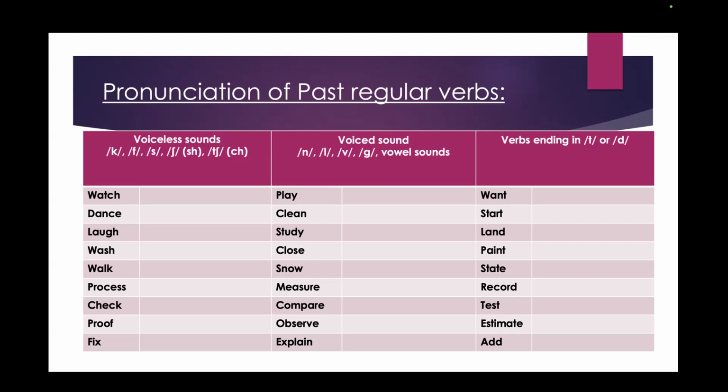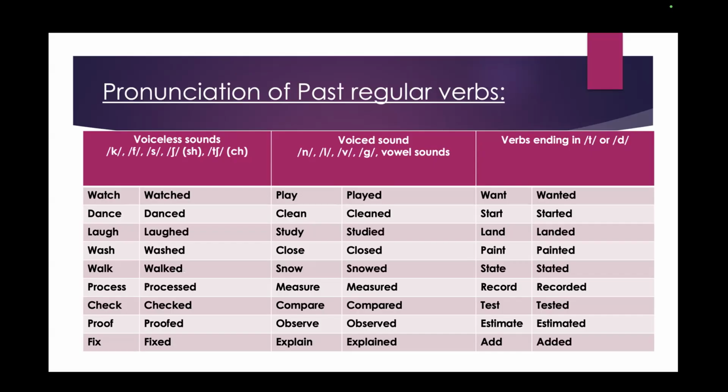So verbs ending, as it sounds, in K, F, S, SH, and CH are pronounced in the past with the letter T. So we do not write them with a T at the end.